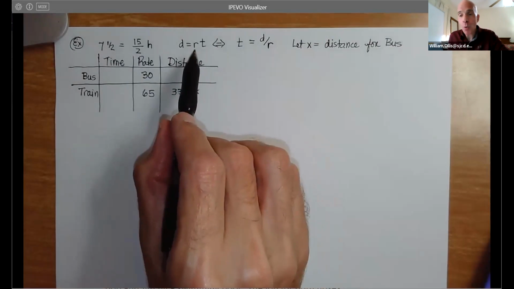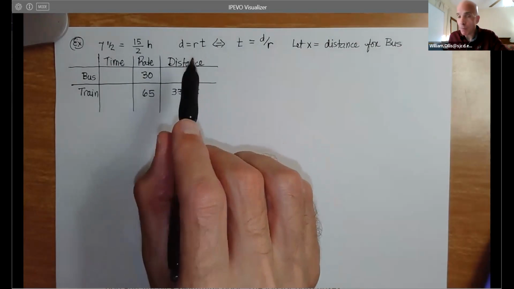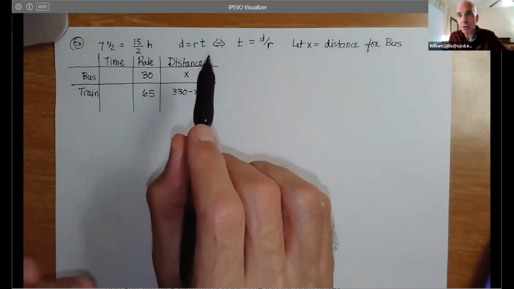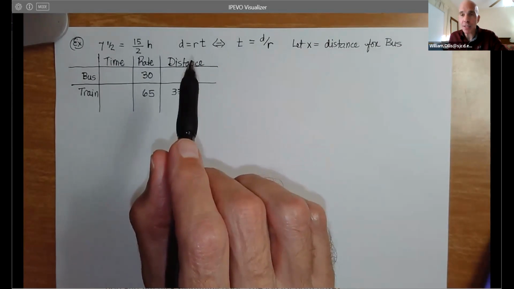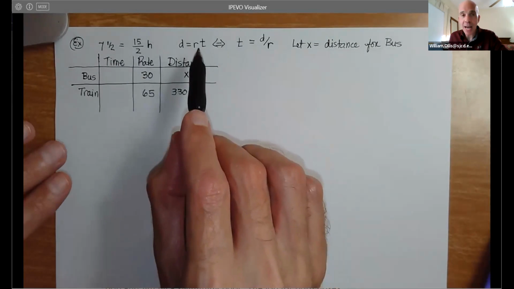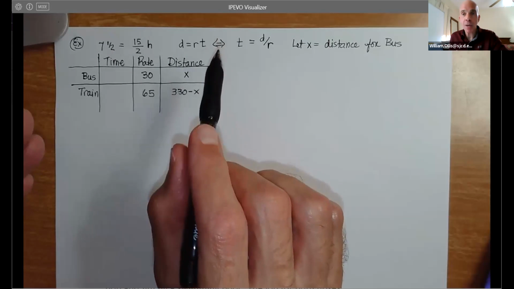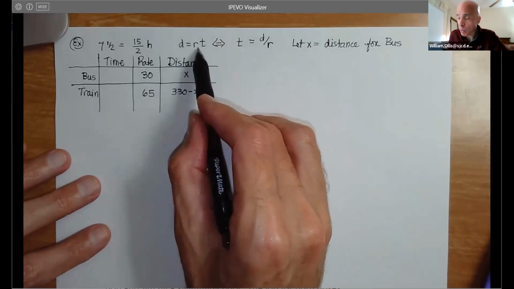Then I wrote the equation for the uniform velocity problems. Again, in calculus, you'll have variable velocities, and that will be something where you use the derivative and integral to work. But for right now, we have, sometimes they call them, uniform time, rate, distance. So D is equal to RT.